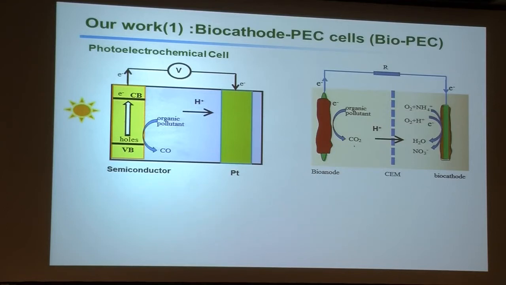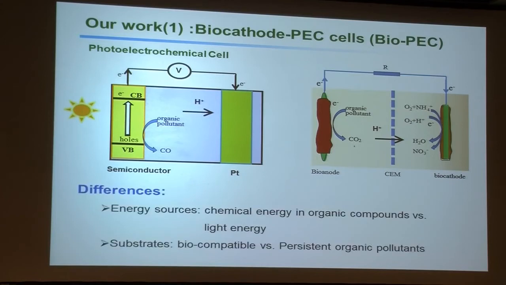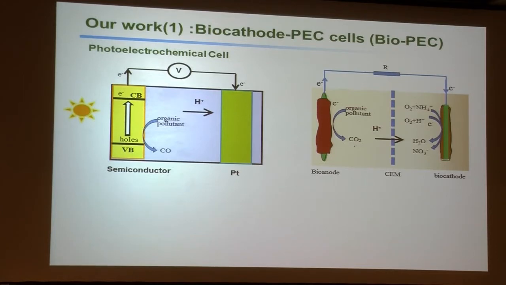But in the PEC system, the energy source comes from the light, while in the biocathode and microbial cell it comes from organic compounds. For the substrates, the microbial cell needs biocompatibility, but PEC is easier to use for persistent organic pollutant degradation. It is also one alternative way in wastewater treatment.